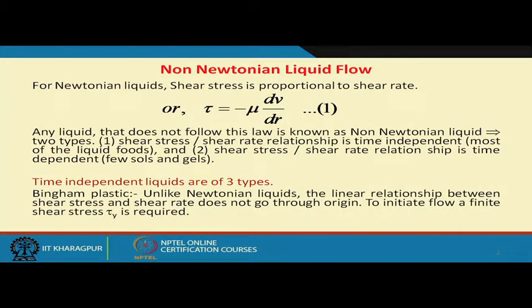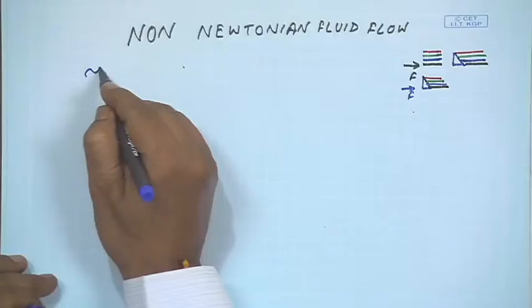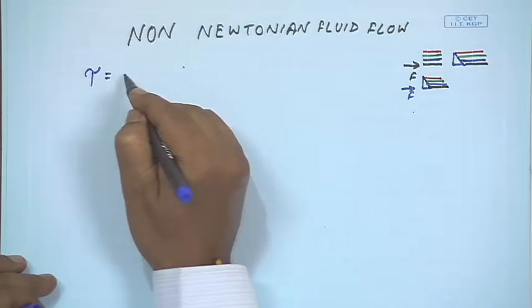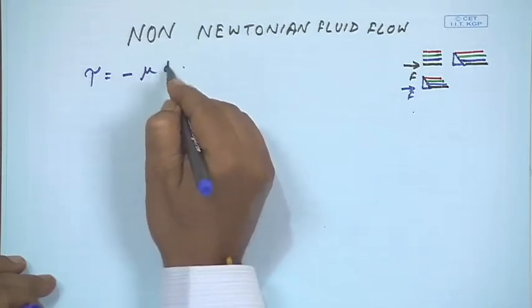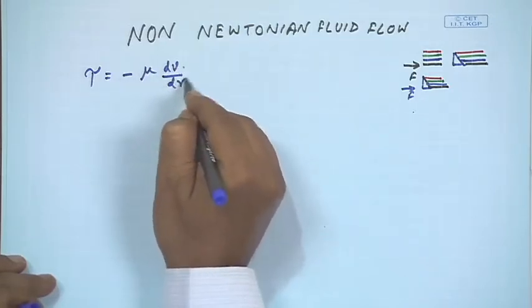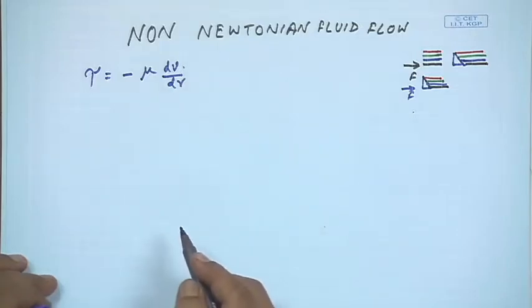Now, let us look at how the definition says. Non-Newtonian fluid, this follows the power law equation, right. So, Newton's power law equation, that which we call Newtonian or non-Newtonian fluid, relates the shear stress tau as equal to minus mu dV/dr, right.